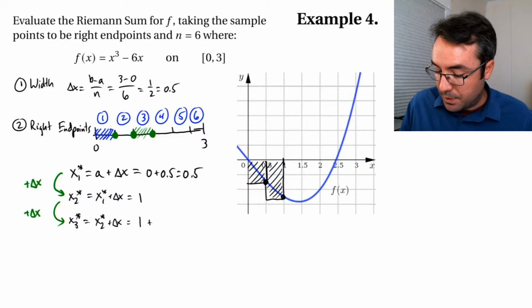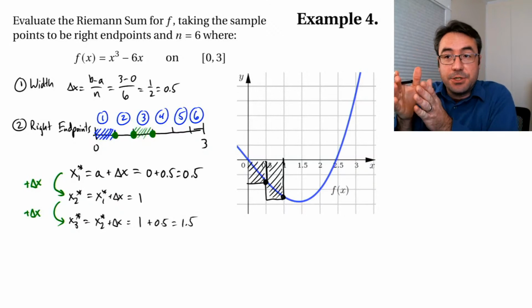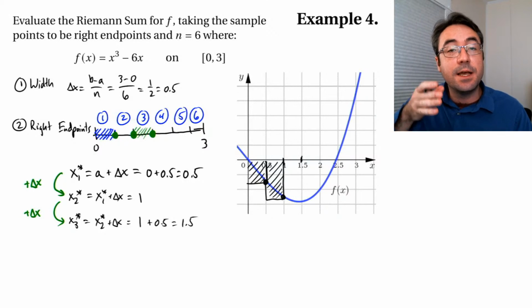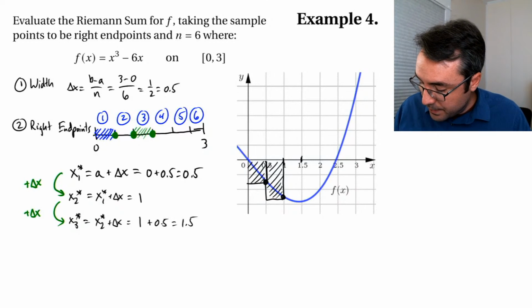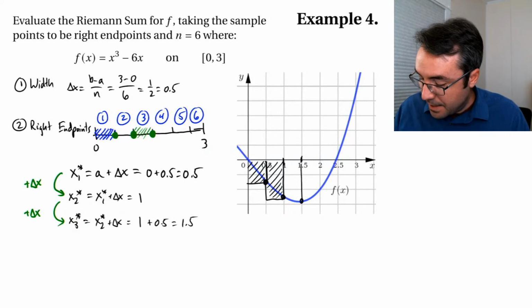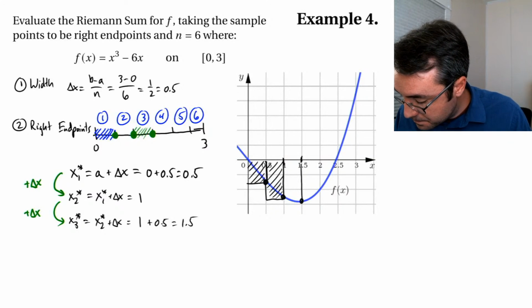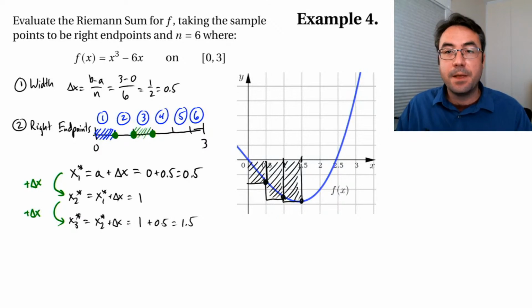We take 1 plus delta x, which is 1.5. So that's our next location. We find 1.5 on our x-axis, and then we read up or down, depending on where our curve is, until we hit the curve, and that gives us the height for our third rectangle. So we have our third rectangle there.